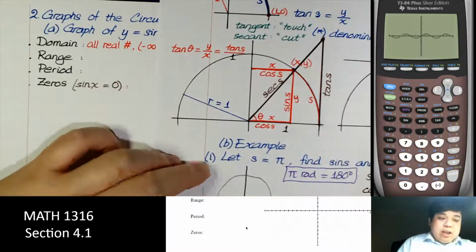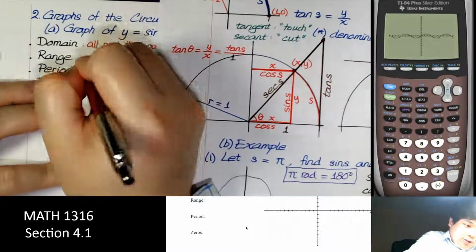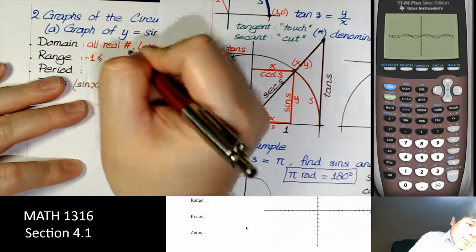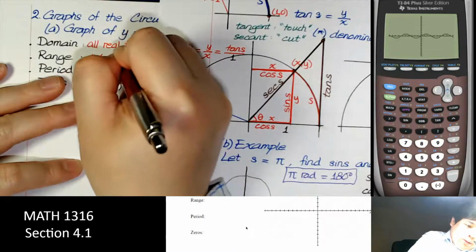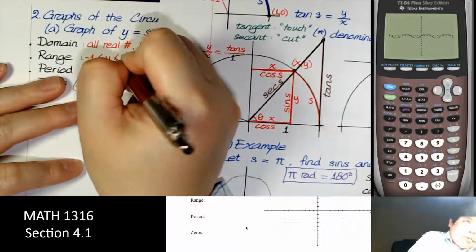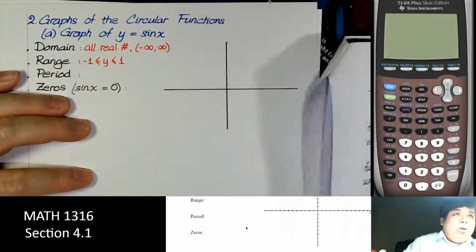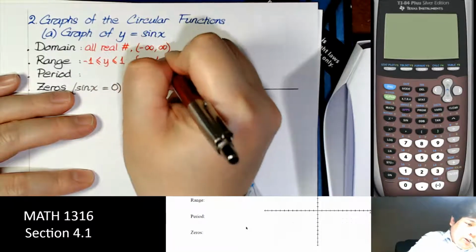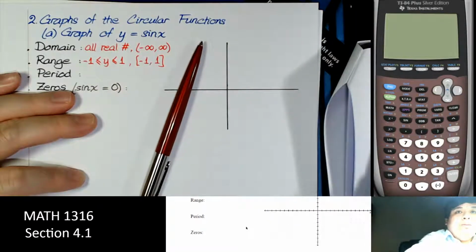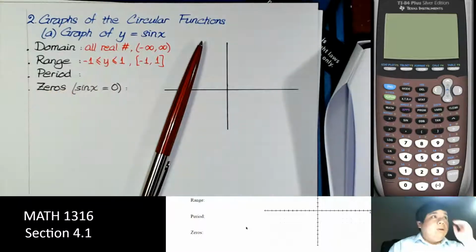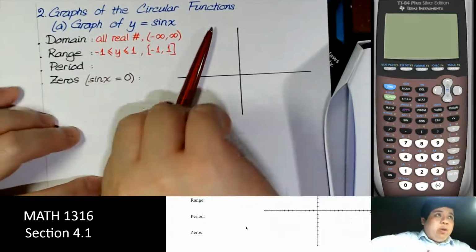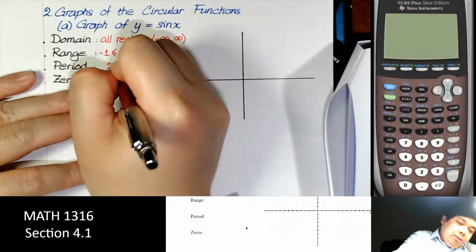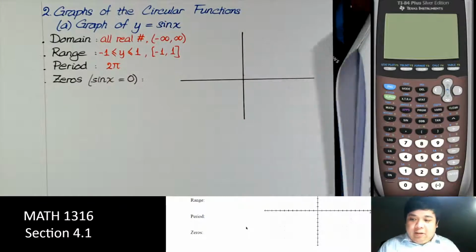So the range is between negative 1 and 1, or we write in interval notation, -1 to 1. Right, period. From the previous part of the section, we already know that it is 2 pi. So that's easy, right?